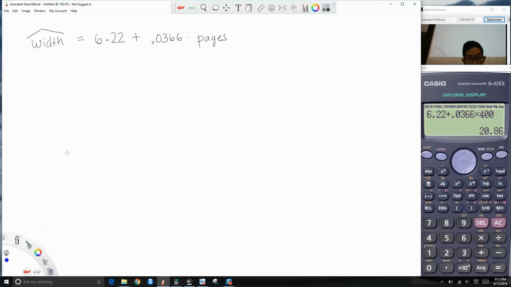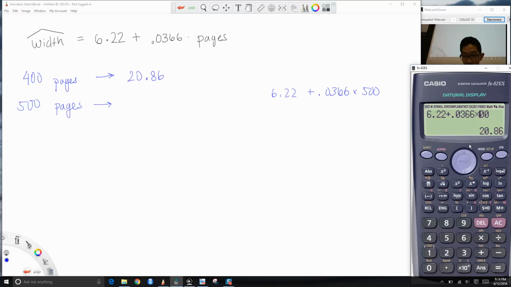We said 400 pages became 20.86. For 500 pages, we'd plug in 6.22 plus 0.0366 times 500. I can just change that to a 5, and we get 24.52.